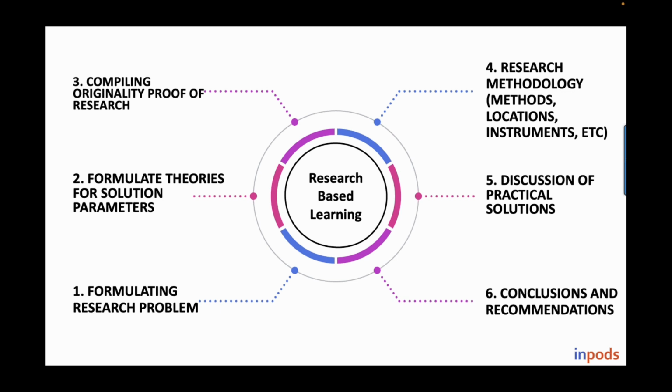Because the process of research goes through formulation of the research problem, formulation of theories and solution parameters, how the solution will be evaluated, whether it is a right fit or not, what the pros and cons are, how you will measure it, the success criteria, right? So that is the formulation.